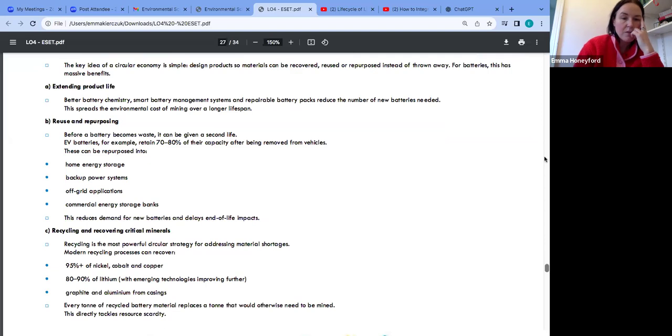Recycling and recovering critical minerals. If it does end up at the very last stage of the life cycle and we are going to have to send this to landfill, then we can look at a waste management approach of recycling.